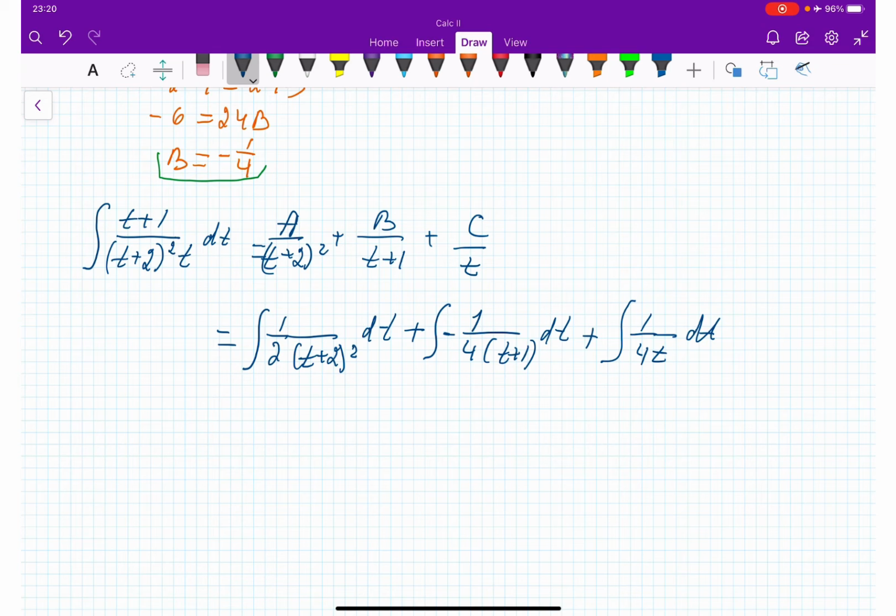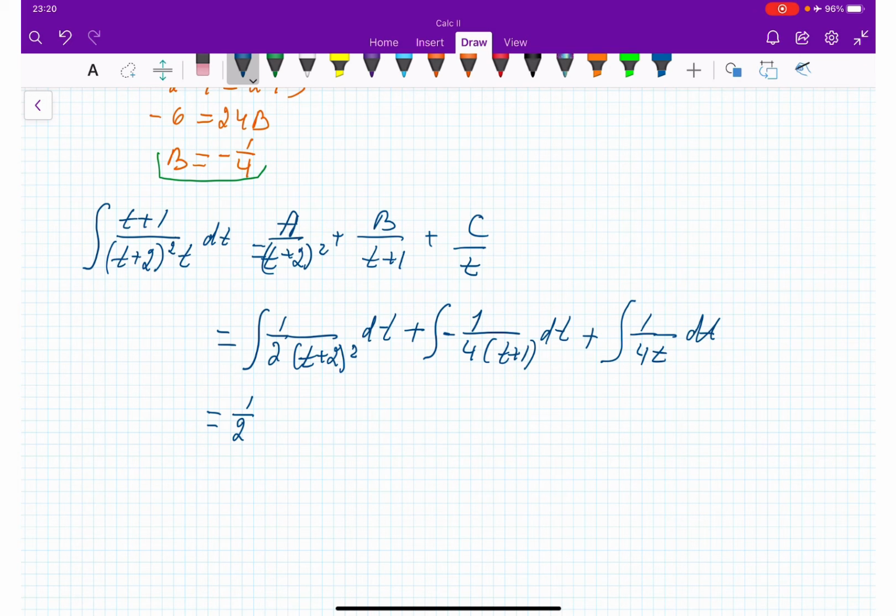With the method of substitution, (t plus 2) squared, and I have used it before, so I'm pretty sure you know. So t plus 2 I put as u, and 1 over u squared will become u to the power negative 2, right? Take the derivative and you'll get the following result.